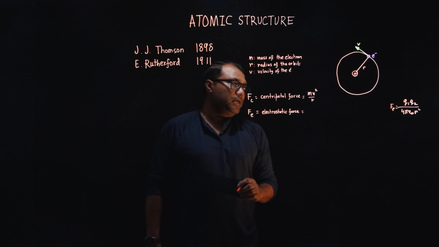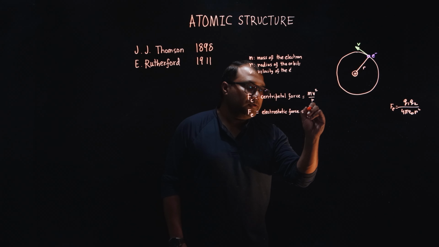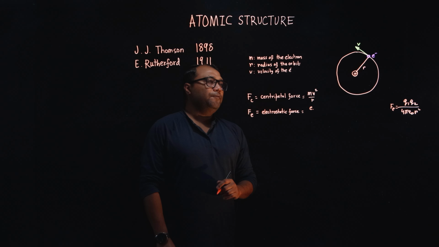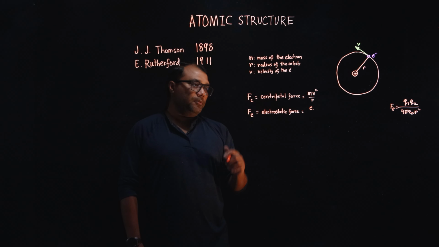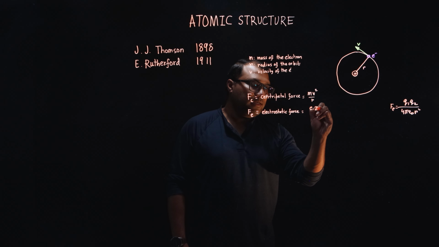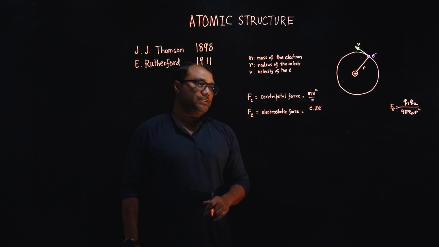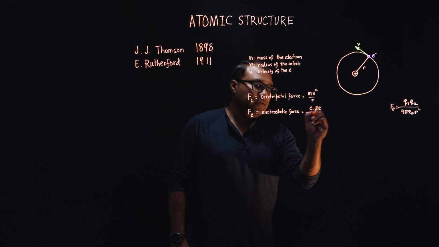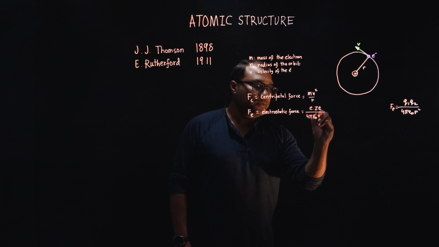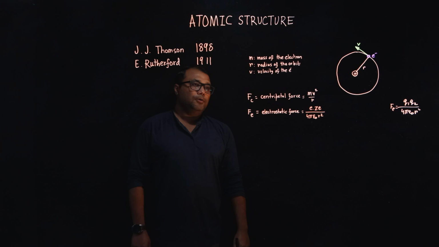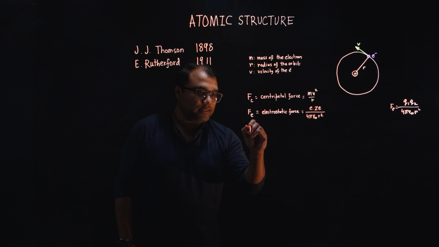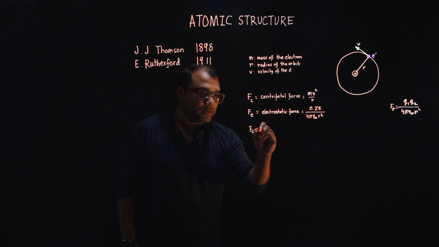right? So here we can say the electron's charge is e. If the atom's atomic number is Z, then the nucleus's charge is Ze, so the force is Ze square divided by 4 pi epsilon naught r square. Now because these two are balanced, that's the reason the electron is in orbit.